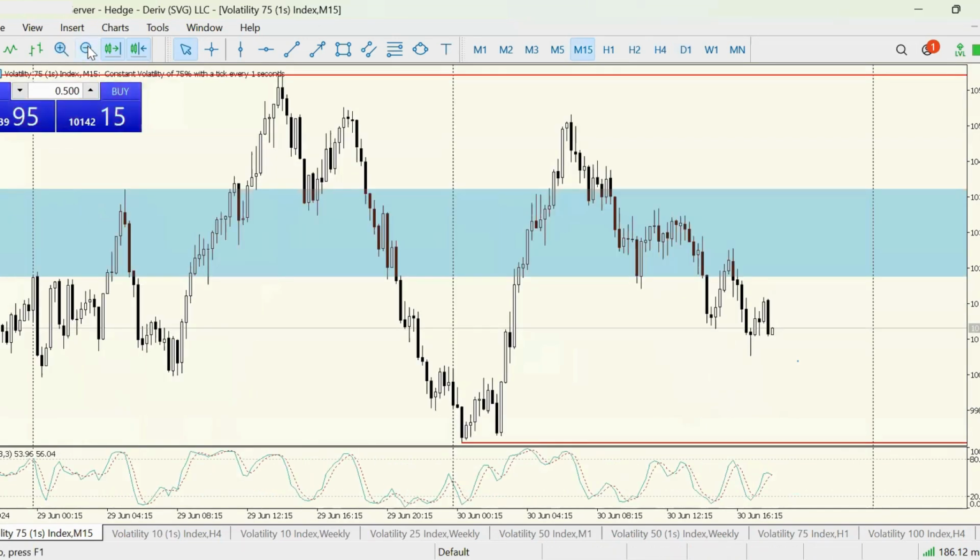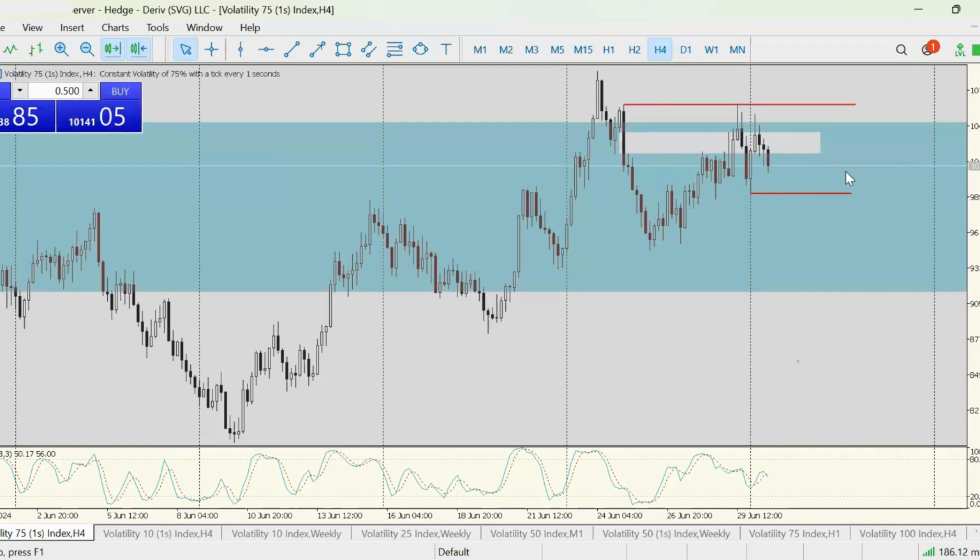From a 15-minute time frame, hypothetically speaking, suppose we have the next three or two candlesticks pushing to the downside, it breaks this low, it starts to expand to the upside again, and we have a fair value gap around this area.